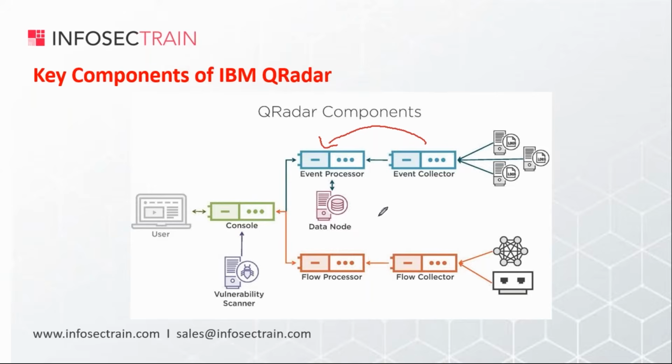And once the event processor receives the logs, that means the data which is there in your endpoints, it receives the logs in normalized form because the collector has already normalized them. So normalization: we are collecting logs from heterogeneous sources, that means from your firewall, your web server, your web application firewall, your router, your switches, to one centralized location.